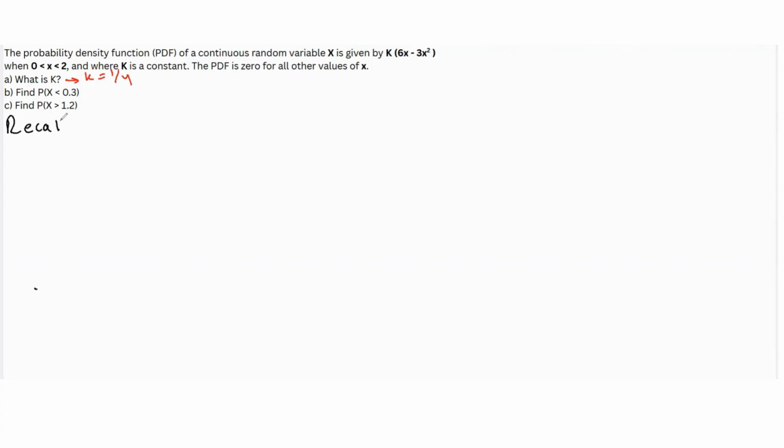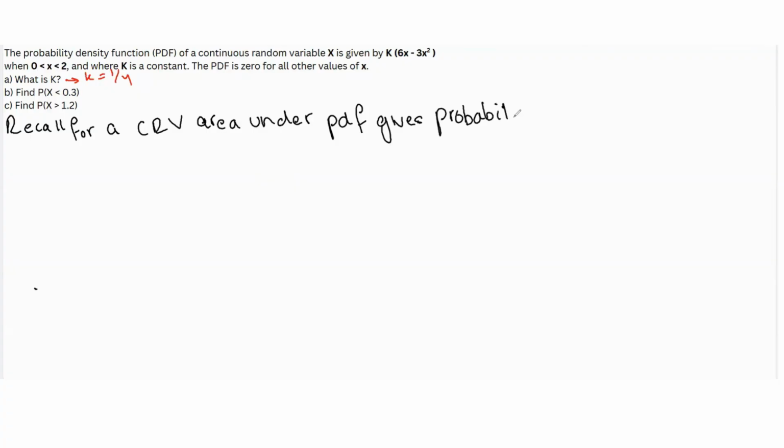So recall for a continuous random variable, CRV, area under the PDF gives probability, right? This is the key thing here: area under the PDF gives probability. And we know we can find the area under the curve using integration.